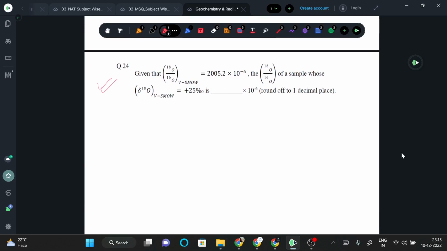Given that the oxygen 18 to oxygen 16 ratio for the standard, V small, is 2005.2 into 10 to the power minus 6. The O18 by O16 of a sample whose delta O18 V small is 25 per mil. Here you can see it is not percentage, it is known as per mil.